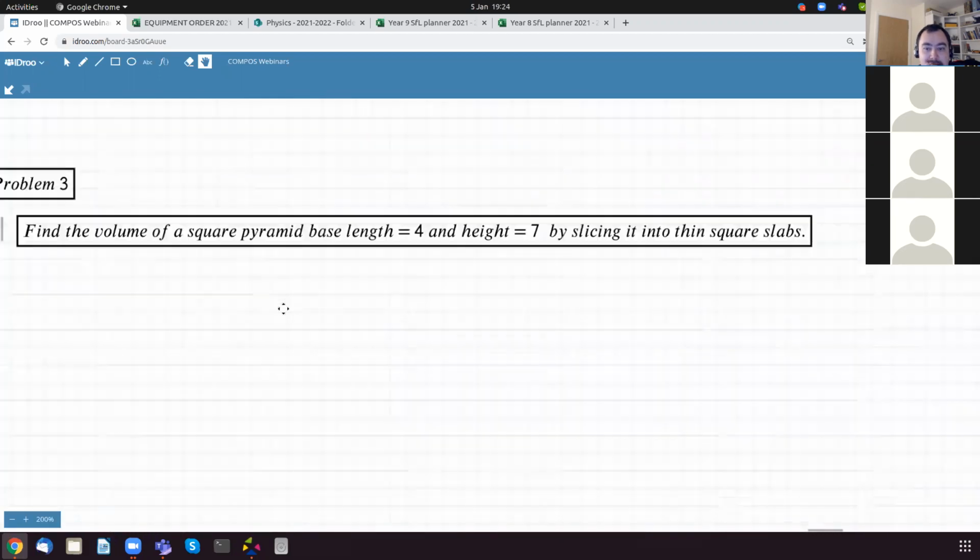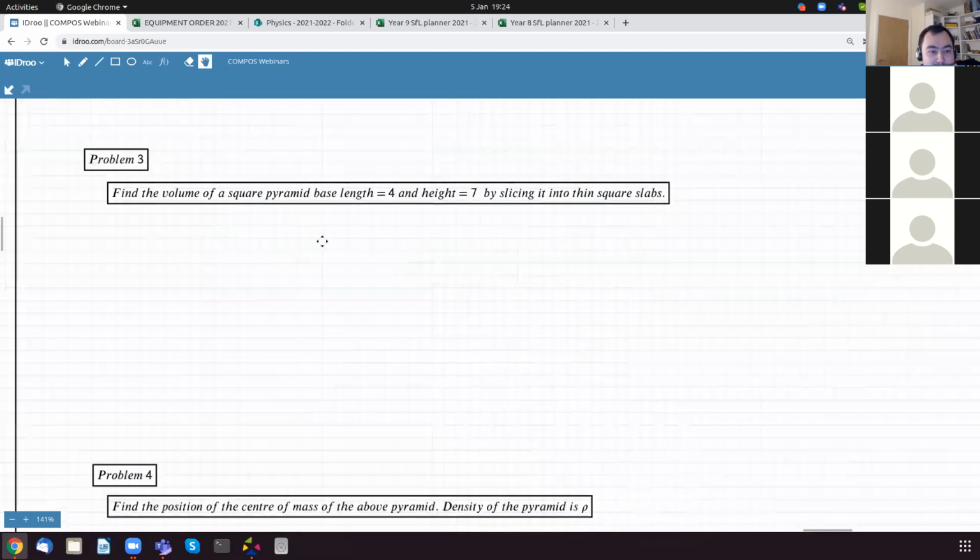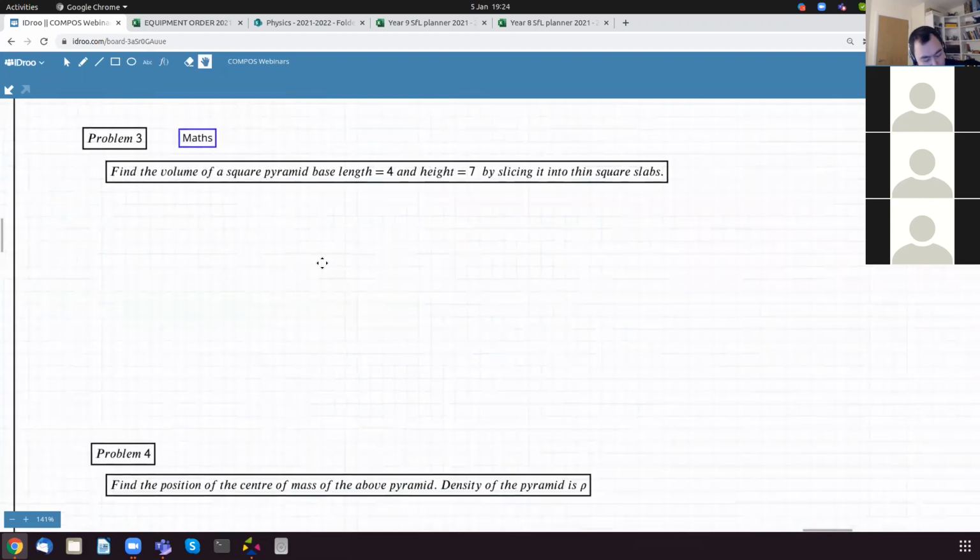All right. Find the volume of a square pyramid of base 4 and height 7 by slicing it into thin square slabs. So this is a math question. This is an integration question. Okay, so what can we do? Well, we have a square pyramid. Let's tilt it onto one side.